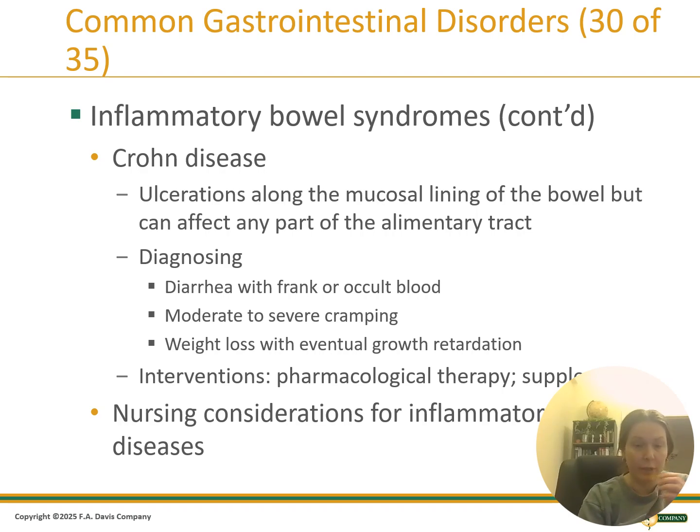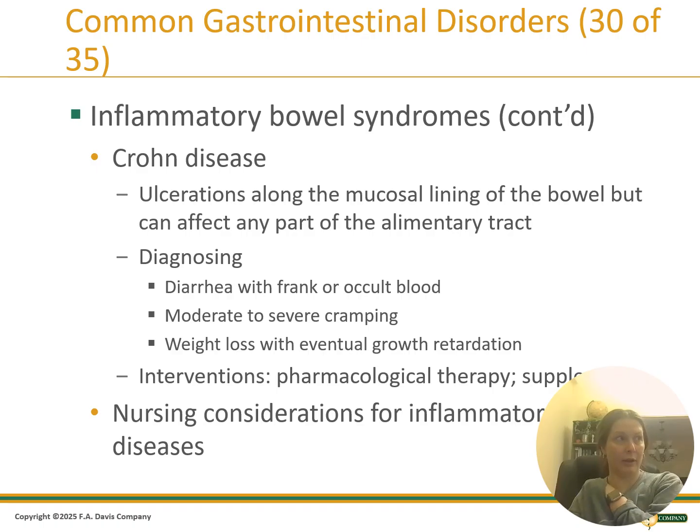So we can intervene with a few pharmacological manners, nutritional support, looking at supplementing vitamins and nutrition, but we also want to help control the inflammation along that GI tract.